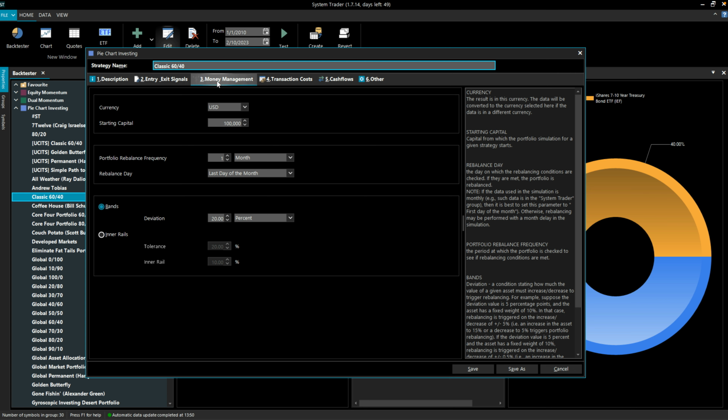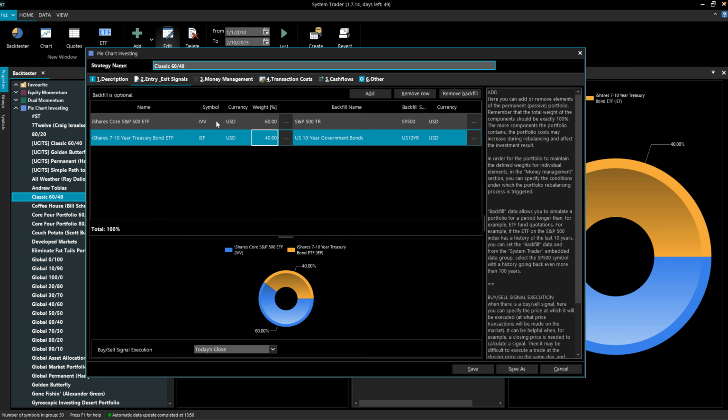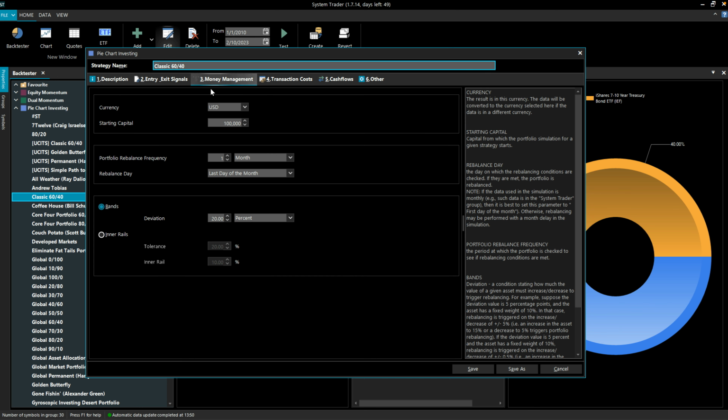Money management. This is partially common to other portfolios as well, because we have a currency in which we want to present our results. As you could notice, ETFs here are in USD, and also we have a starting capital in USD, $100,000. But if we would change it, let's say to, for example, Canadian dollar or euro, then although we buy ETFs in American dollars, we would show the results in your selected currency.